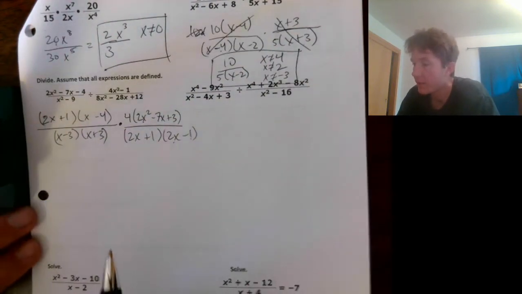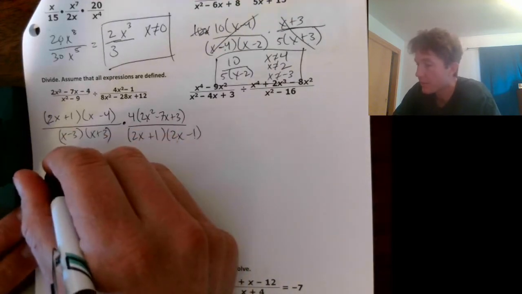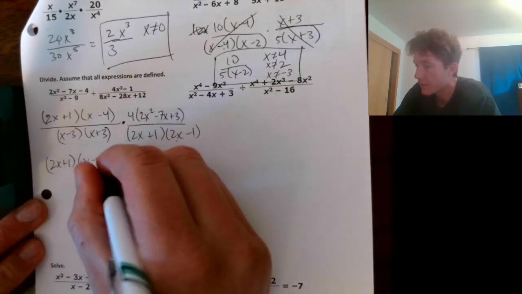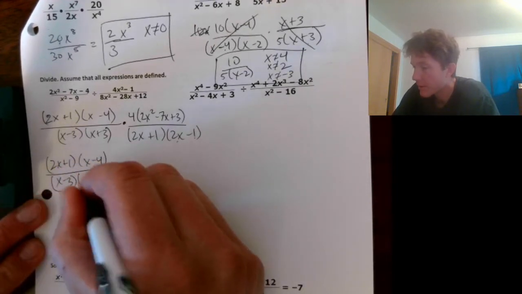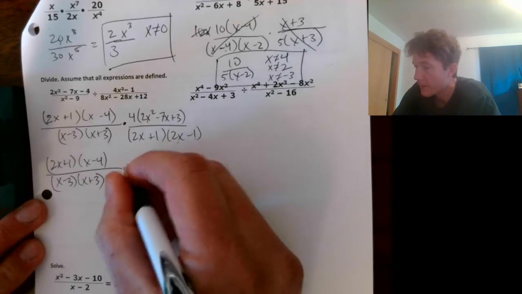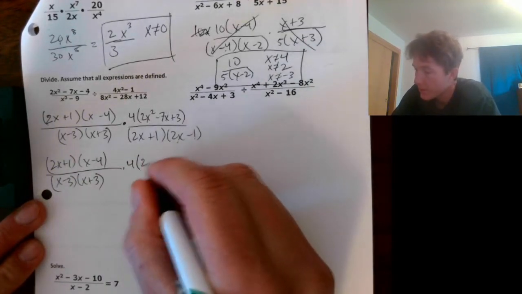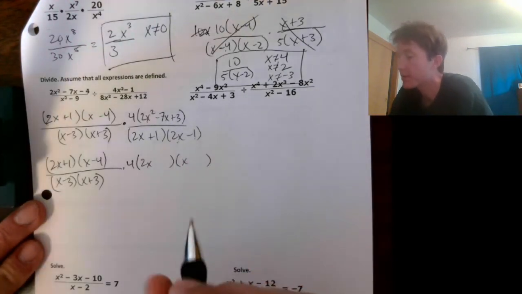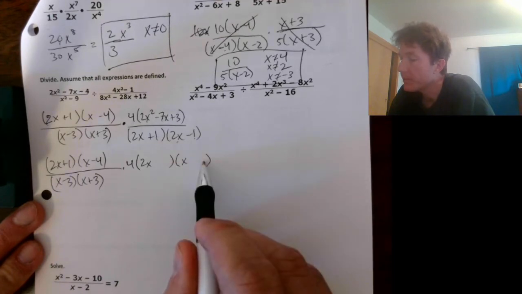Alright, one last thing, we need to factor this expression. So I'm just going to rewrite all these. 2x plus 1 times x minus 4 over x minus 3 times x plus 3 times 4. Okay, I'm going to factor this guy. This will be 2x plus or minus something times x plus or minus something. We have to have a 3 and a 1.